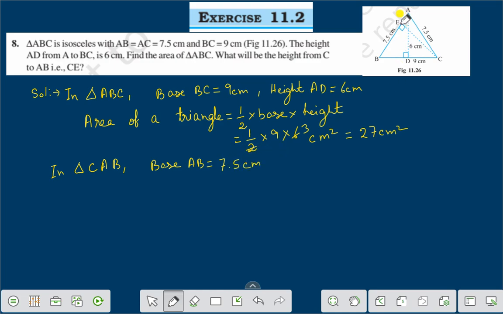And here you see this is 90 degree. That means CE is the height of this triangle from this side. Right? That is height CE.